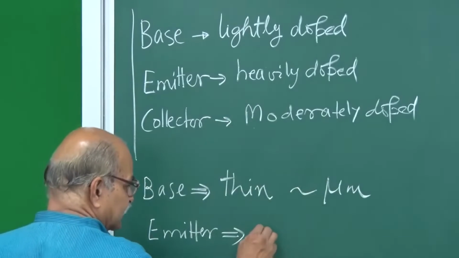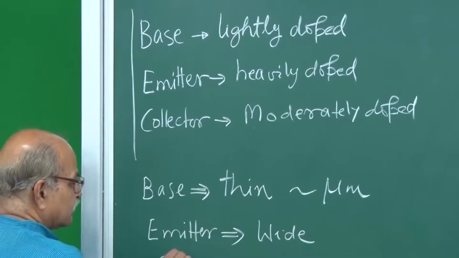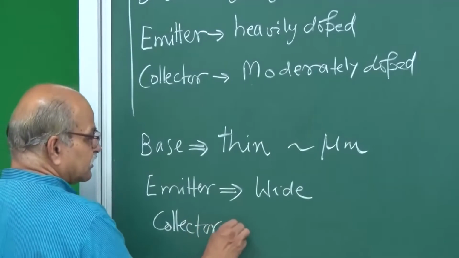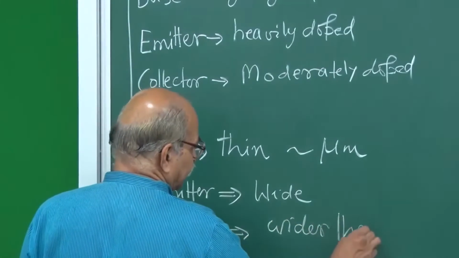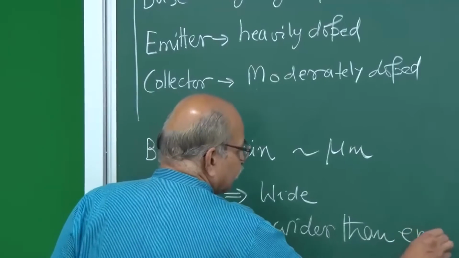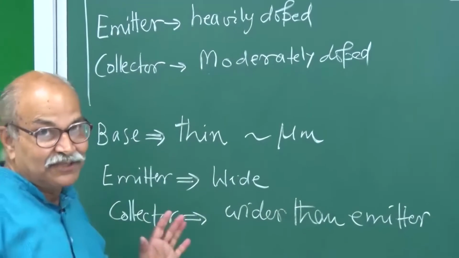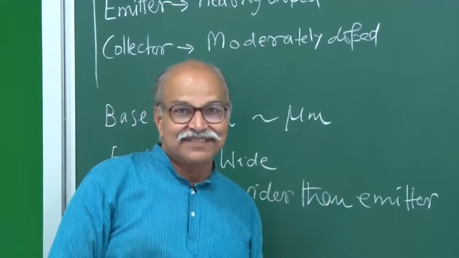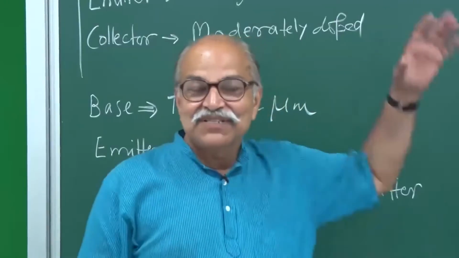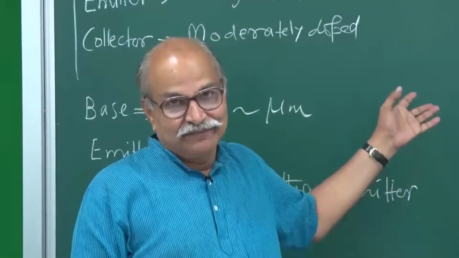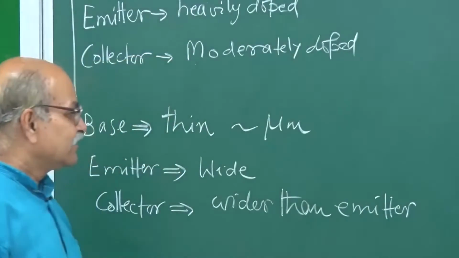The collector is somewhat wider than the emitter. And there is a purpose to it. That is why the transistor is so important, and why it can make so many useful devices, because of these parameters that people have searched for and created.